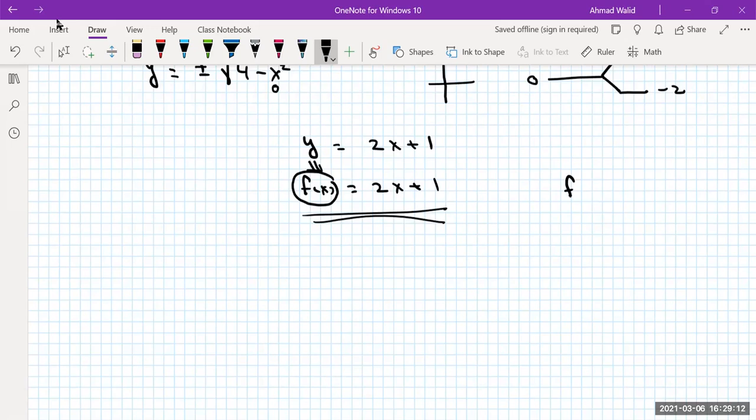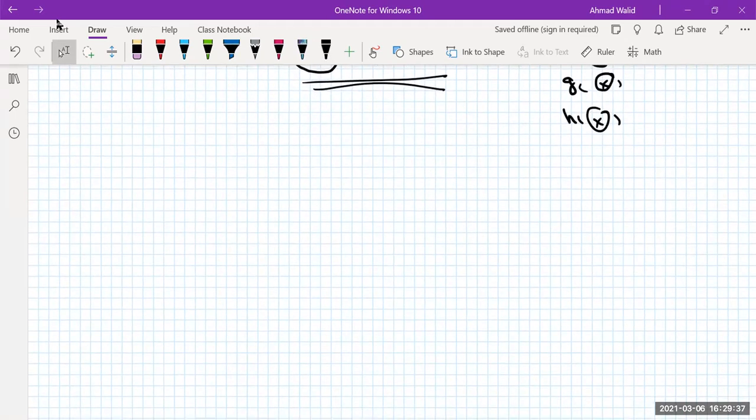No, we have f of x. We have g of x. You can name your function anything. H of x, correct? You see here, I'm using x. This part of your notation represents which variable is in your equation. Let me explain it this way for you.